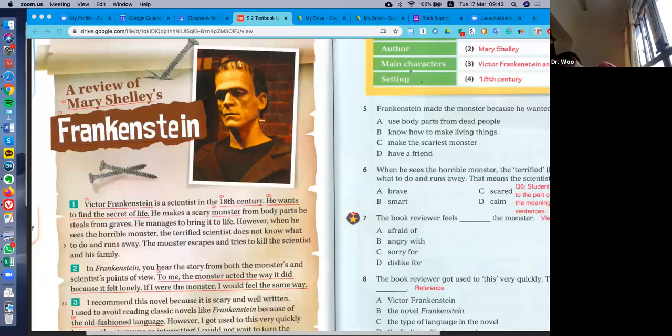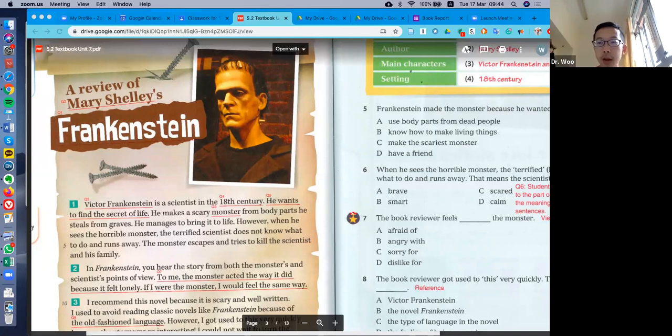Frankenstein is the main character. Now, do you think there is only one main character? You use the word the main character. Do you think Frankenstein is the only main character? Is the monster also a main character?